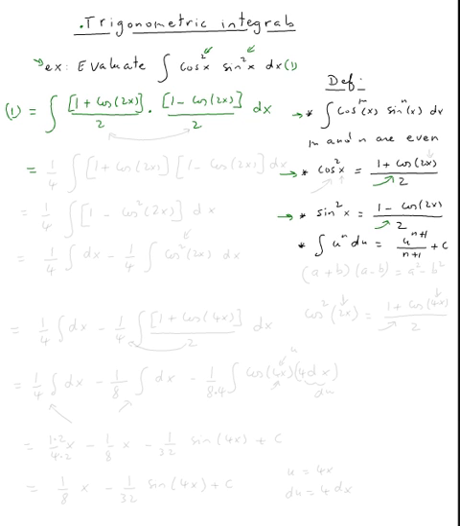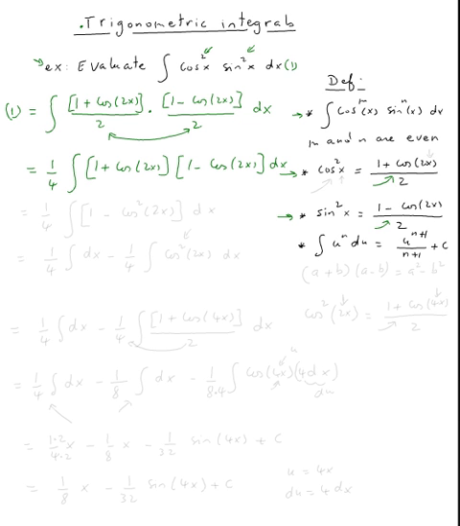We write it here. Now we can take 2 times 2. 2 times 2 is 4. We can take it outside. It's a constant. That would be the integral of 1 over 4, (1 plus cosine of 2x) times (1 minus cosine of 2x) dx.